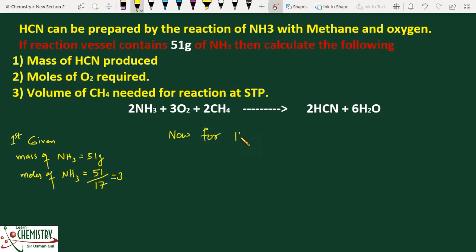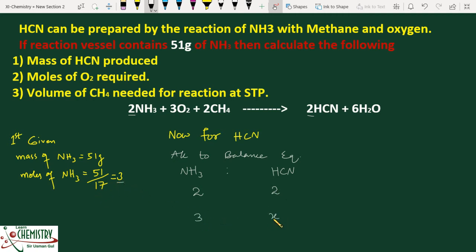So for HCN, according to the equation, what we can see, there are ammonia and the required ratio, that is HCN. Okay, now there are 2 moles of ammonia and 2 moles of HCN according to the equation, but in our question the moles are 3.